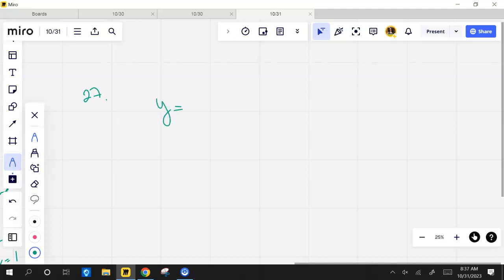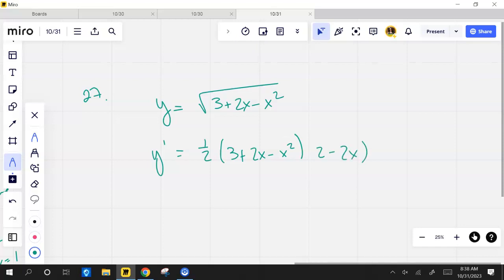I bet we're going to have to factor. All right, so let's do a derivative. Just calculate. 1/2 (3 plus 2x minus x squared) times 2 minus 2x. Oops, it's negative 1/2. I was doing this wrong.